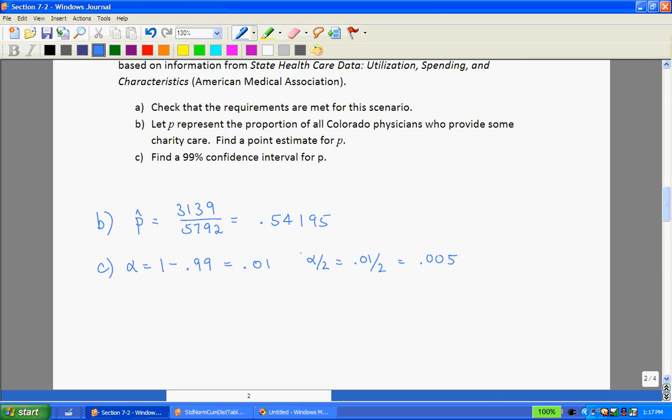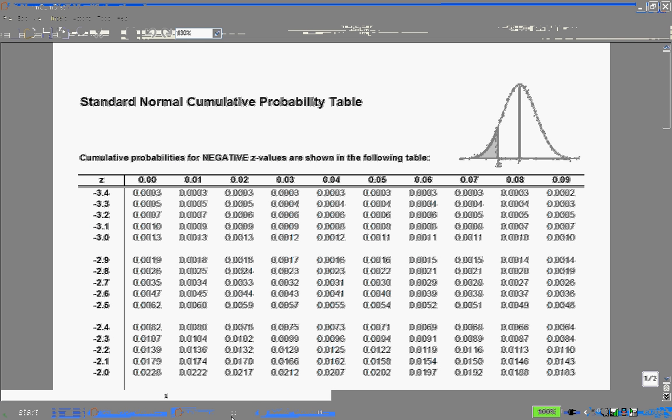Now I'm ready to find that value Z sub 0.005 on the table. Okay, so I want to be in the tail, so I'm going to use my negative table, and I'm looking for something that is as close to 0.005 as possible.